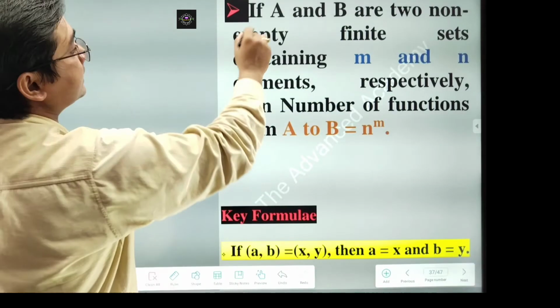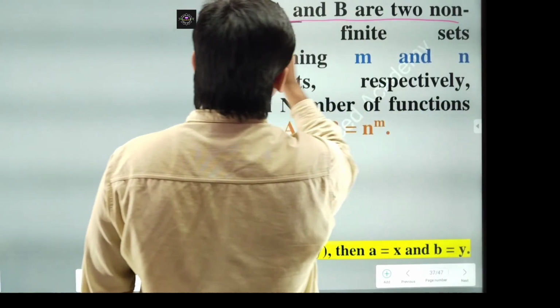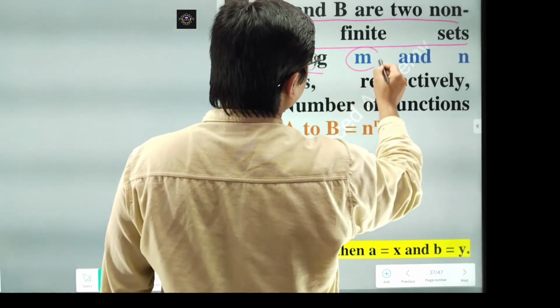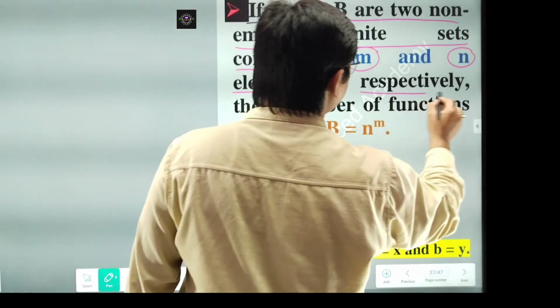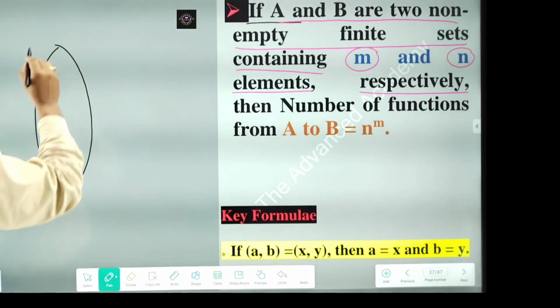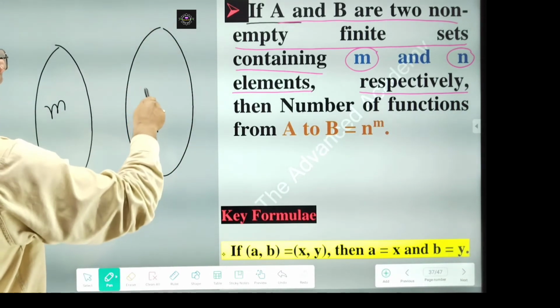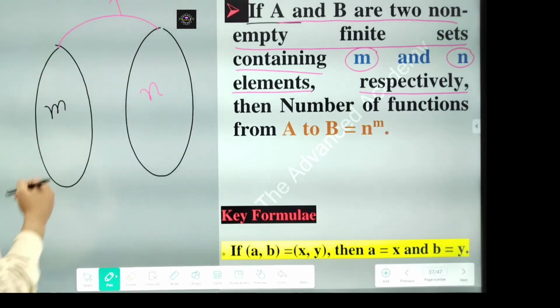Yes, guys. If capital A and B are two non-empty finite sets containing m and n elements respectively. Take two sets; how many elements does the first have? m elements. How many does the second have? n elements. And suppose we consider f is a function.